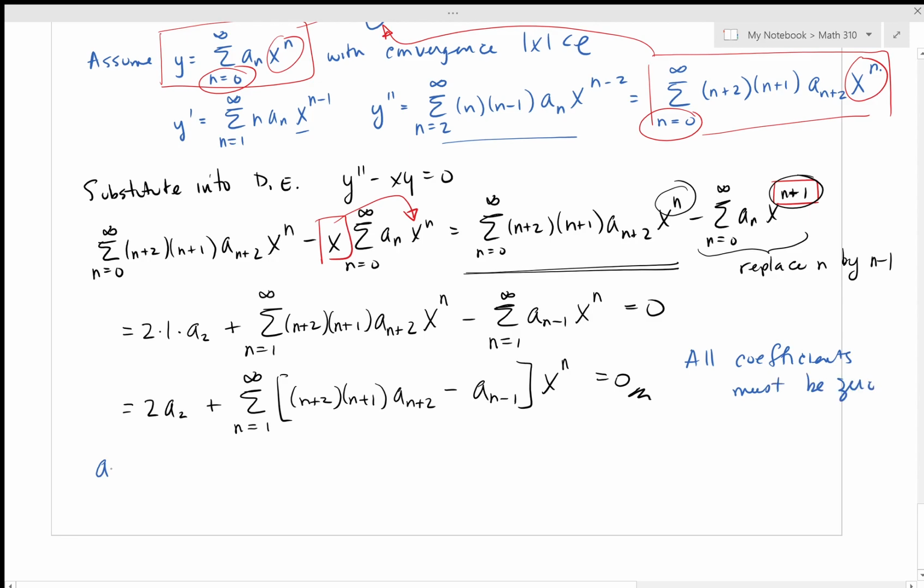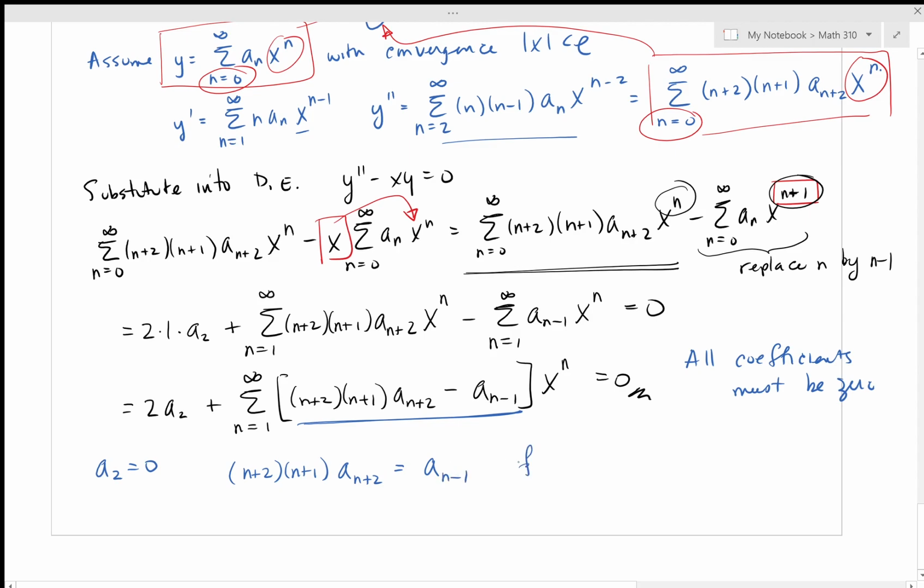So immediately I get here, from all coefficients must be 0, that a2 will be 0, and that also this expression here must equal 0, which means that (n plus 2)(n plus 1) times a_(n plus 2) is equal to a_(n minus 1).